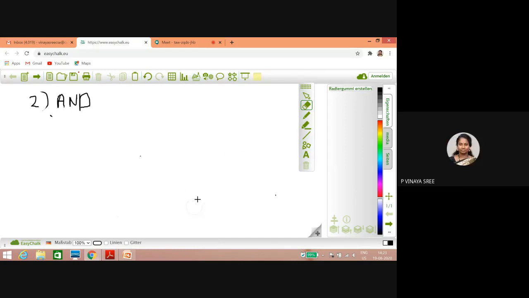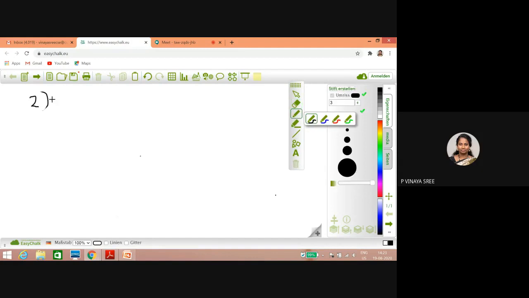We will start with OR. First one is symbol. So the symbol will be like this.